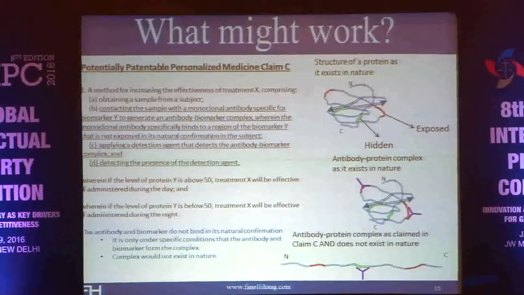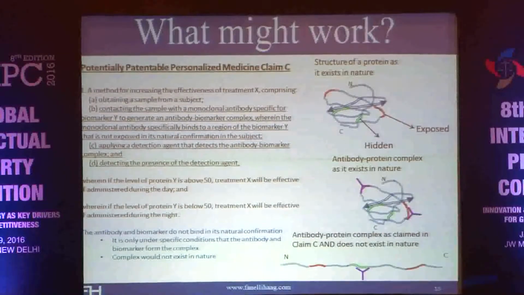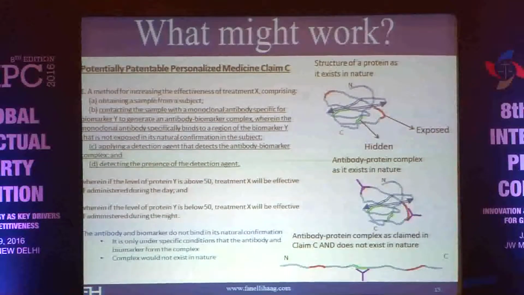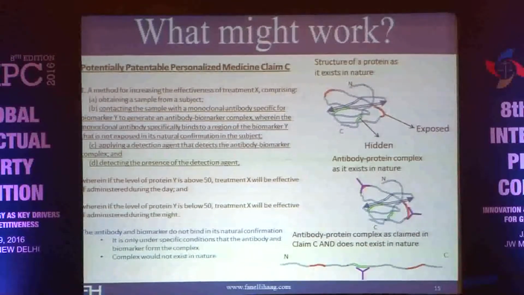And then the last example I'll give is basically shown in the pictures, which is this idea that if naturally your antibody bound to your protein at a particular site, but there are hidden sites within that protein, within that structure, and it's only because you are extracting the protein, it's only because you're doing it ex vivo that you're ultimately getting the reaction, that you're ultimately able to determine the level.